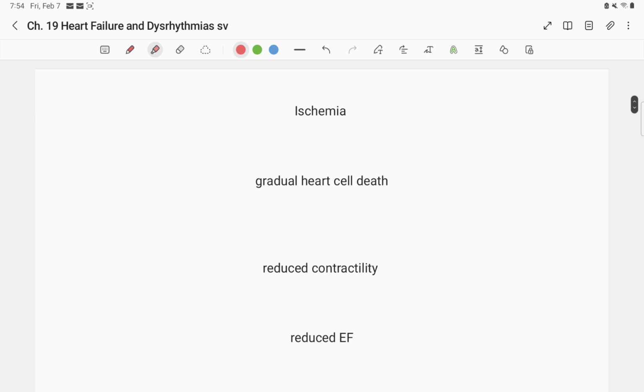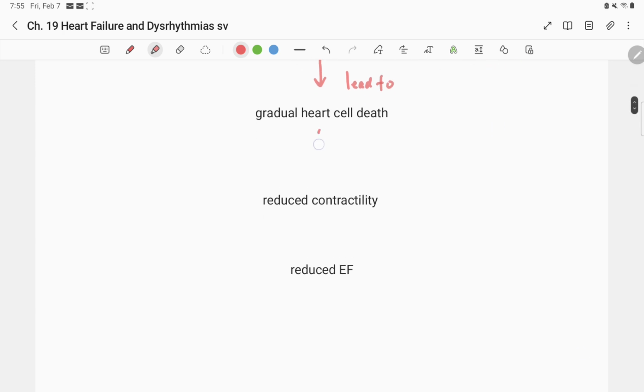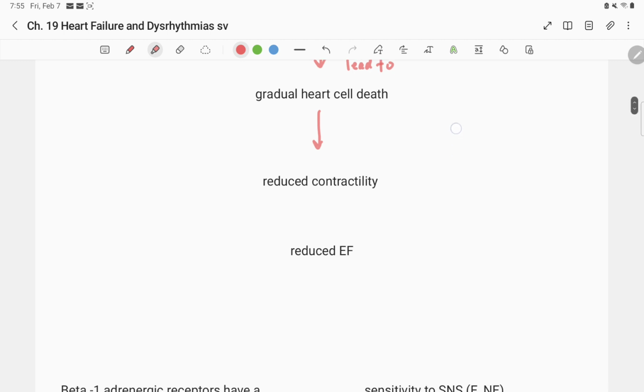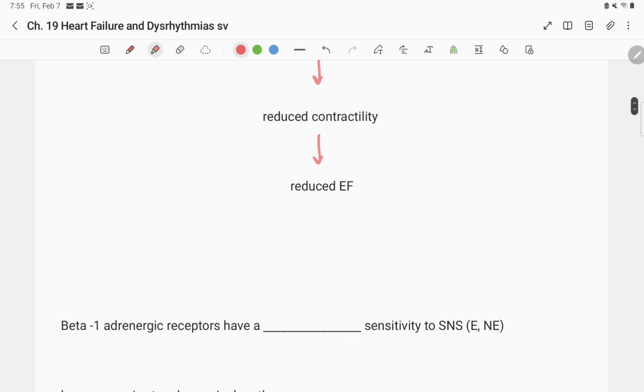Right, ischemia, which is decreased oxygen and as a result decreased ATP. So this ischemia will lead to gradual heart cell death, which means you get reduced contractility, and that will reduce ejection fraction.